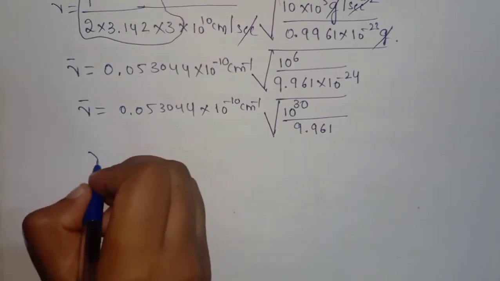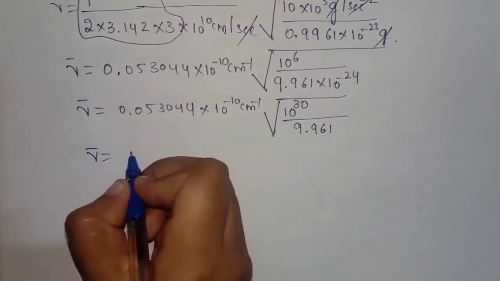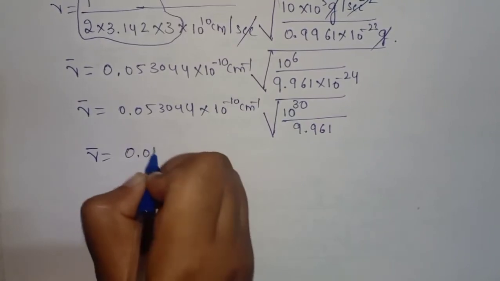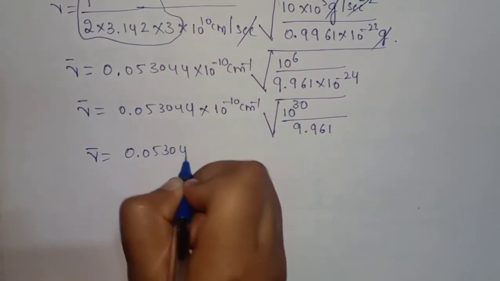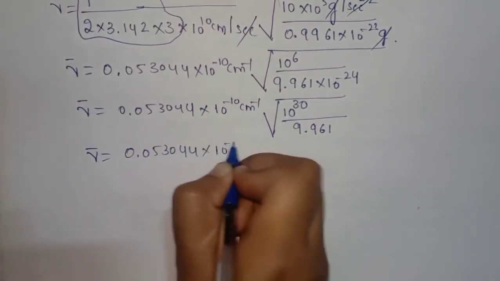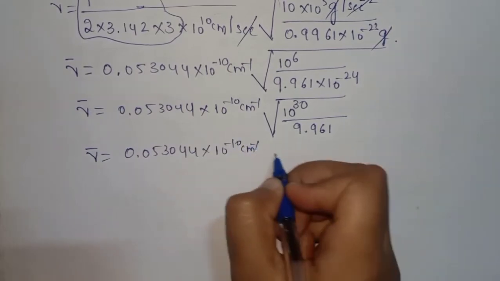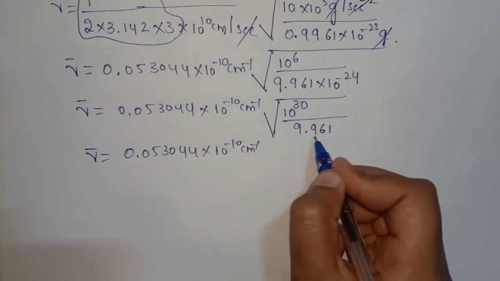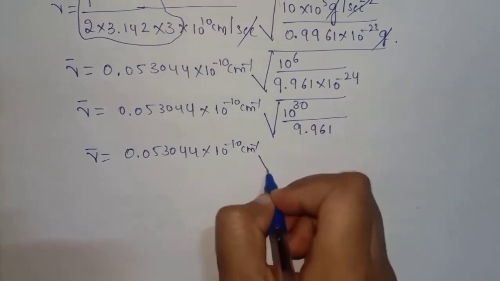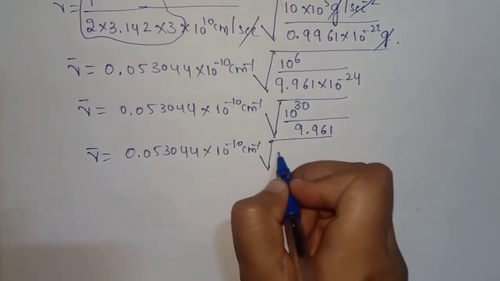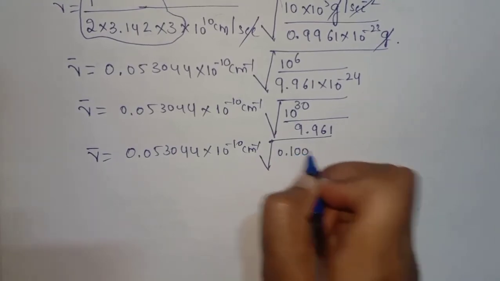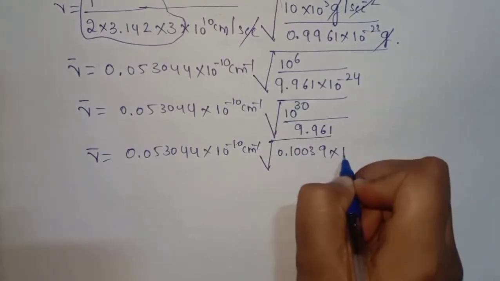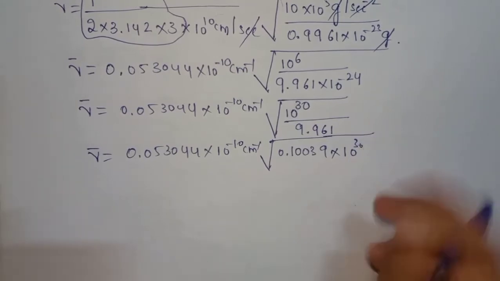Then now nu bar is equal to 0.05344 into 10 raised to minus 10 centimeter inverse. And if I calculate 1 divided by 9.961, I will get in the square root the value 0.10039 into 10 raised to 30.